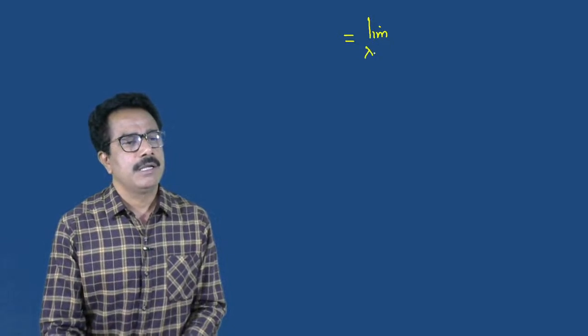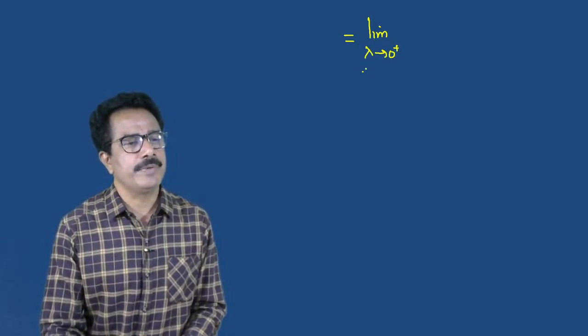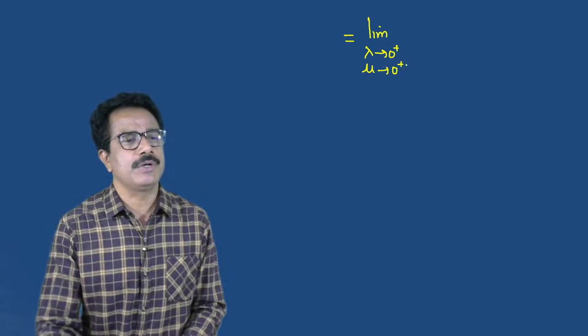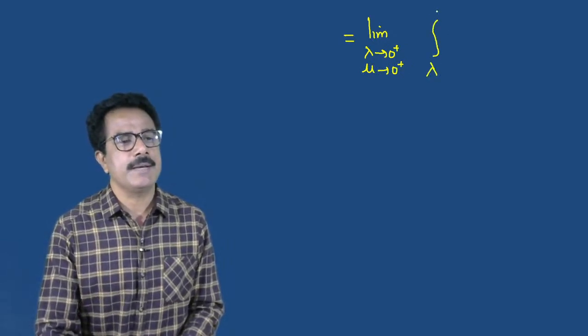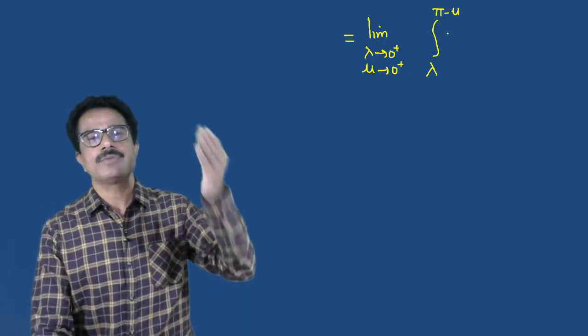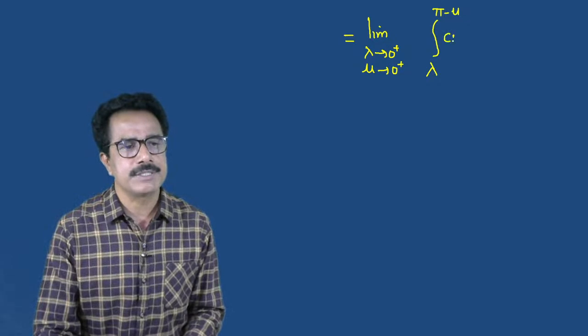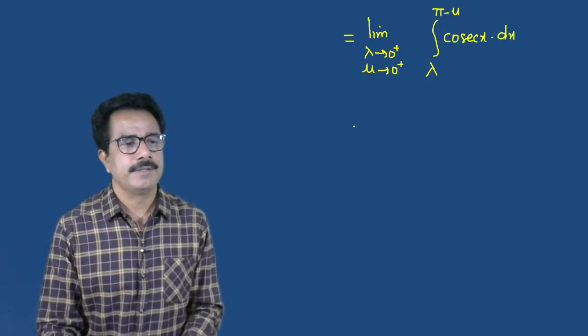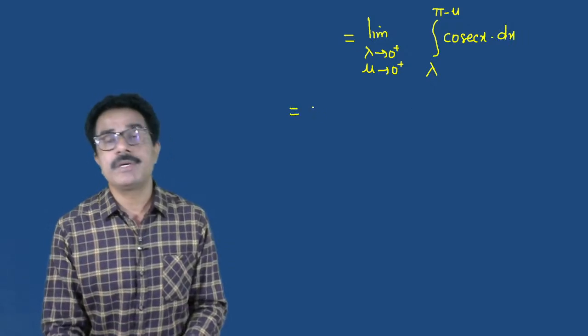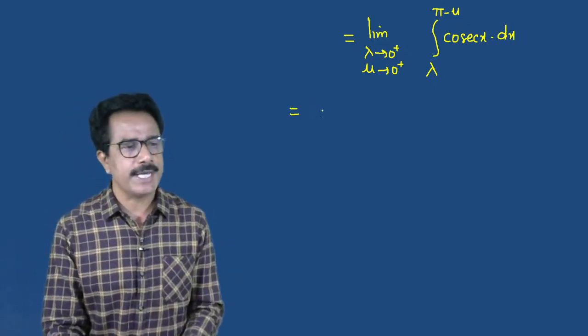This can be written as the integral from lambda to pi minus mu of 1 by sin x, which is cosec x dx. Now you tell me, what is the integration of cosec x?